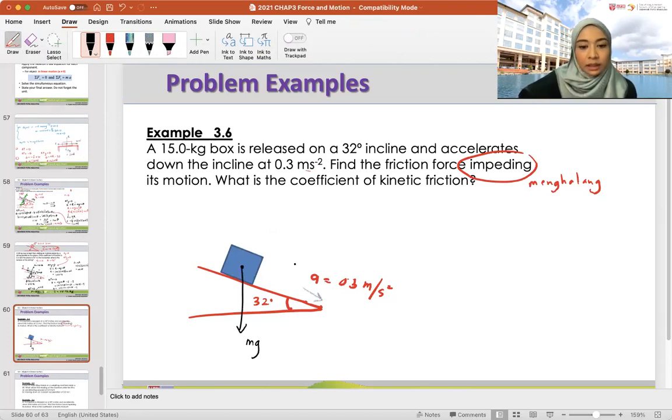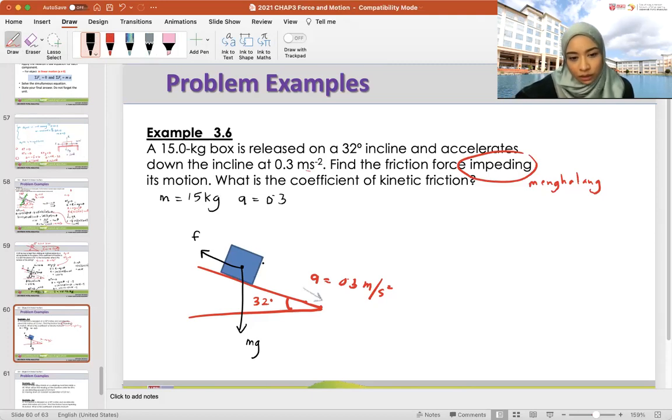Acceleration is not part of our free body diagram, since a free body diagram only refers to forces. So we can label the acceleration like this, but not on the object itself. We know we will have friction trying to impede the acceleration. The mass is 15 kilogram, and the acceleration is 0.3, going down.